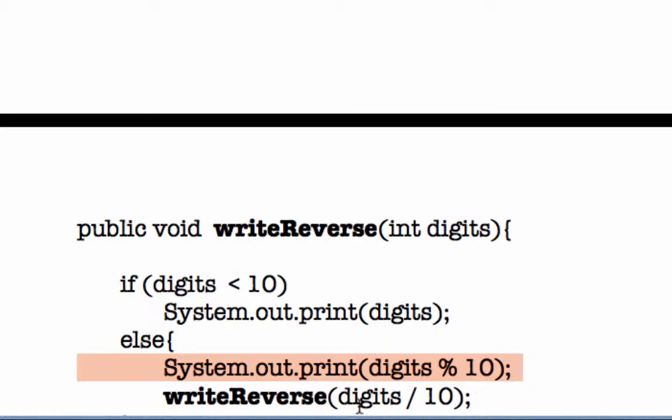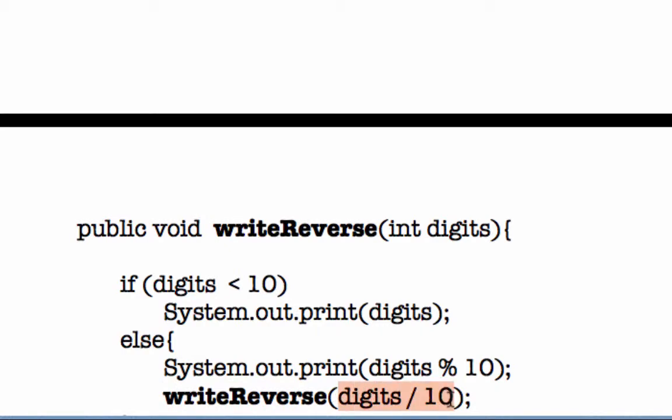And after that, what? Well, we make a recursive call. So we call our method writeReversed, and we need to reduce the size of the problem. Reducing the size of the problem means using all the digits but the last one, because the last one was just printed. So how do we strip the last digit from the original number? Well, simply divide it by 10.